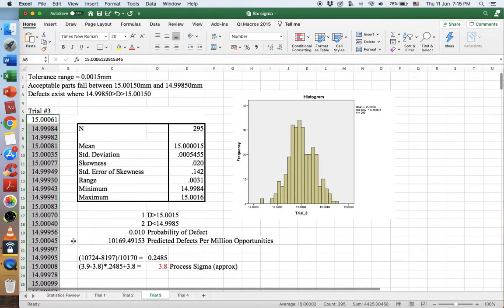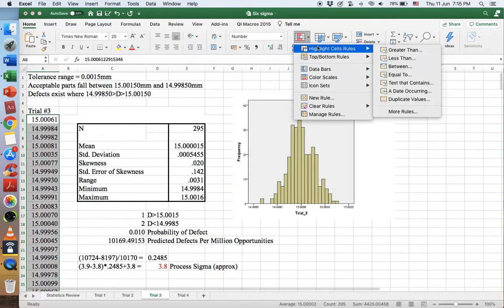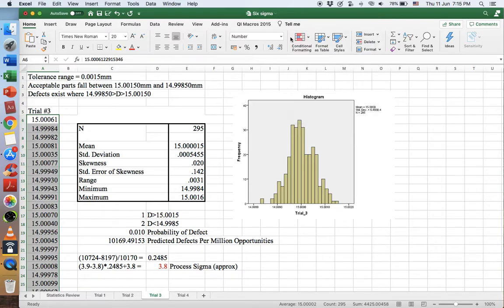They're highlighted using conditional formatting, greater than and less than our defect levels. We've got 1 greater than our maximum diameter and 1 less than our minimum diameter. So our probability of defect is shrinking. So what we're doing in the factory is working. Right? We're getting more tightly grouped around the mean here.